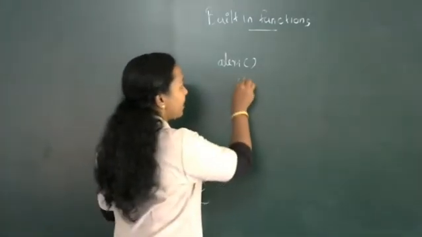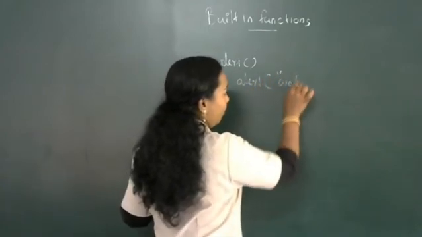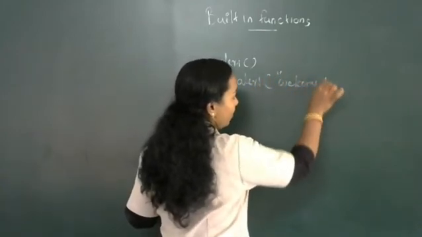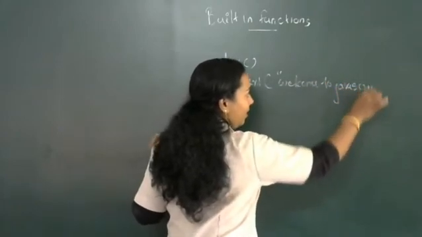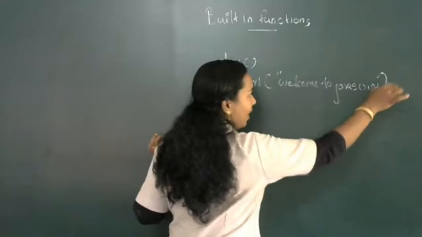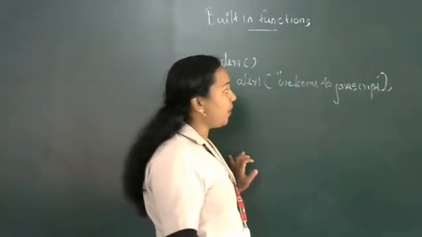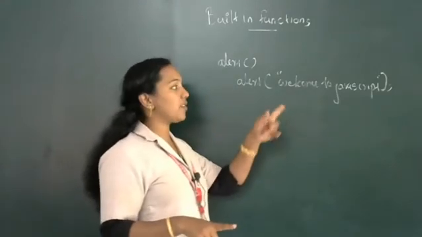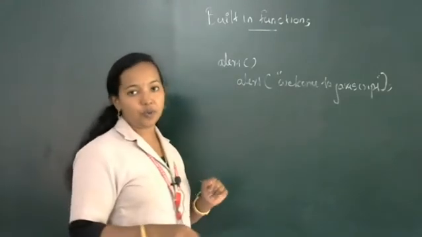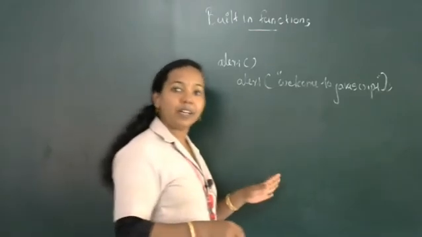We can write like this: alert welcome to JavaScript. When we write this, you will get a message box, and inside it the text welcome to JavaScript will come, along with the OK button. When we click on that OK button, it will close.